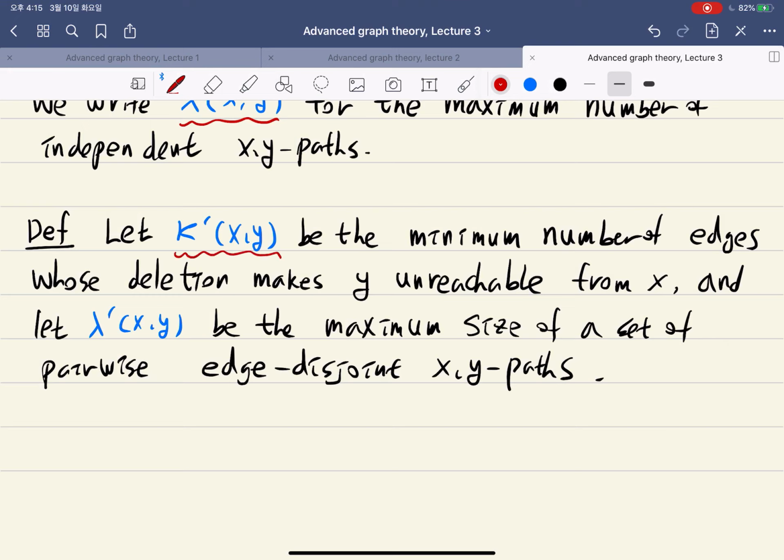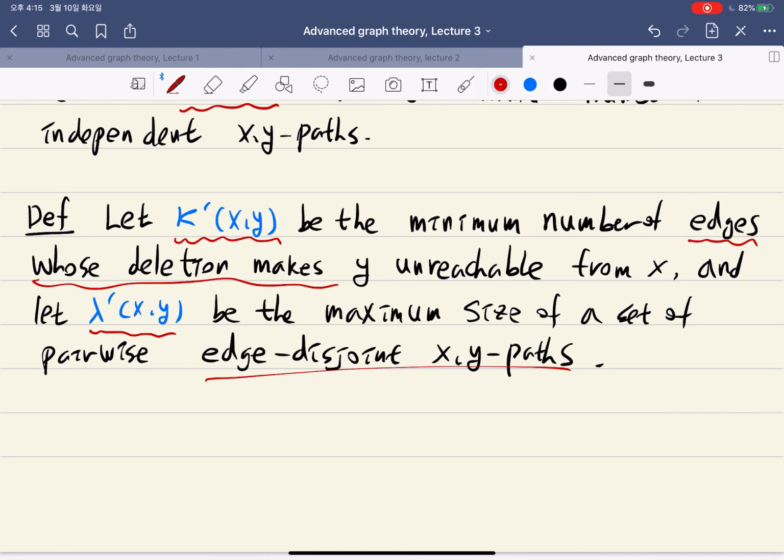We say kappa prime of xy is the minimum number of edges whose deletion makes y unreachable from x, meaning that after deleting the edges, there are no paths from x to y. And lambda prime of xy is the maximum size of a set of pairwise edge-disjoint xy paths.